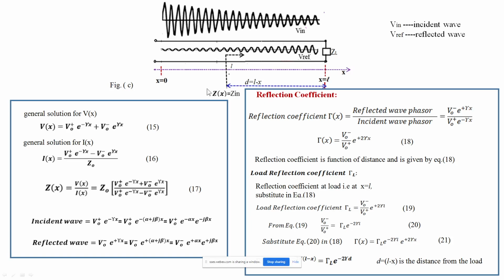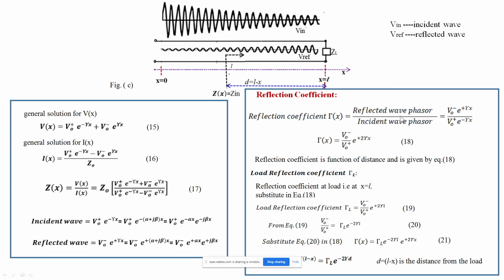So this is a reflected wave phasor, and this is the incident wave phasor. At any position, if you consider any position over a transmission line, say like it may be here, the ratio of those two, reflected wave phasor divided by incident wave phasor at any position, gives the reflection coefficient at that particular position. See like this. So why it is called as a reflected wave phasor?